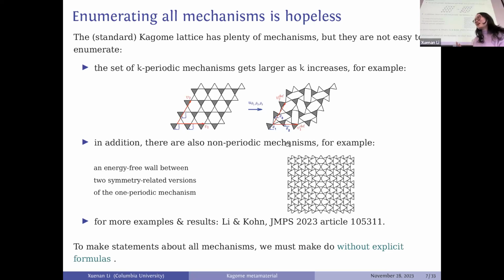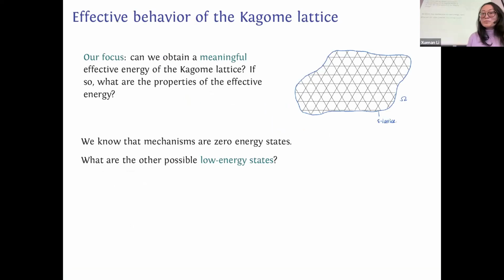Okay, so given that, if we still want to study, we have a domain, and then we fill in the epsilon scale Kagome lattice. So the triangle side length is going to be epsilon in this case. And we want to study, if epsilon goes to 0, is it still meaningful to discuss it as an effective behavior? To answer that question in more detail, I set the side length as epsilon, because in the normal case you don't have a material which can take epsilon going to 0, right?